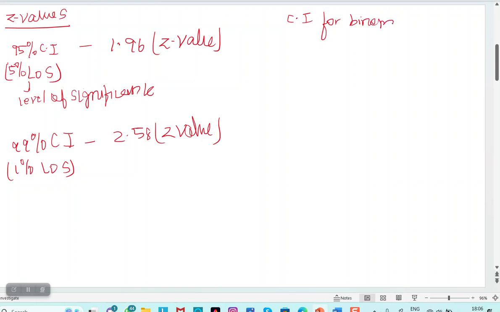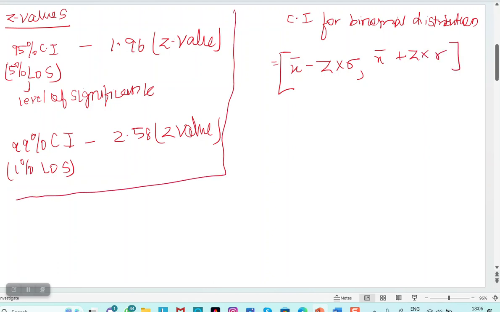One more thing you have to remember is the confidence interval for binomial distribution, which is x bar minus z into sigma, comma, x bar plus z into sigma. Apart from the z values, you need to remember this formula.